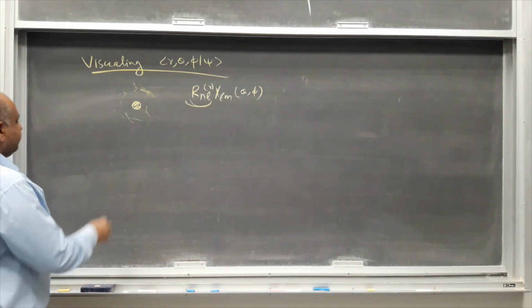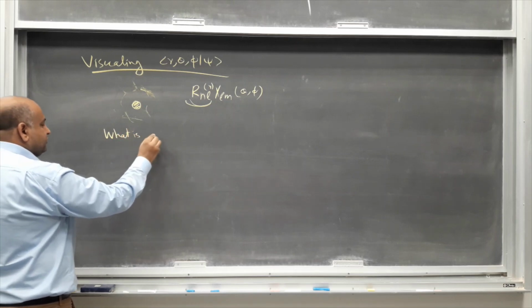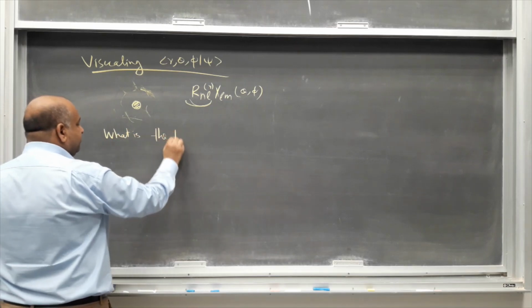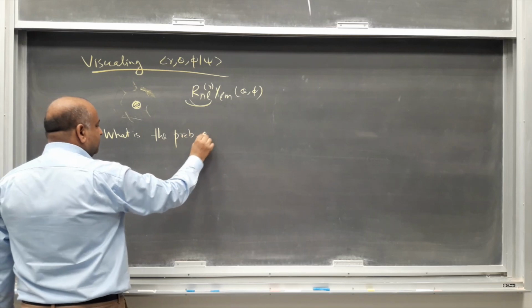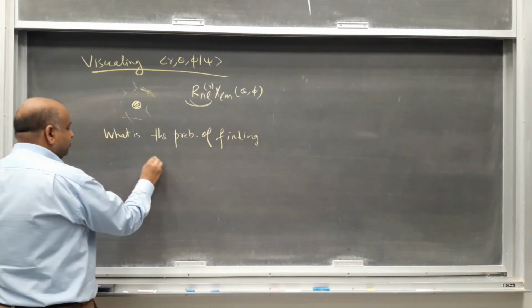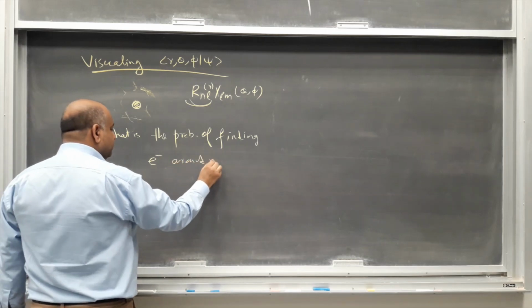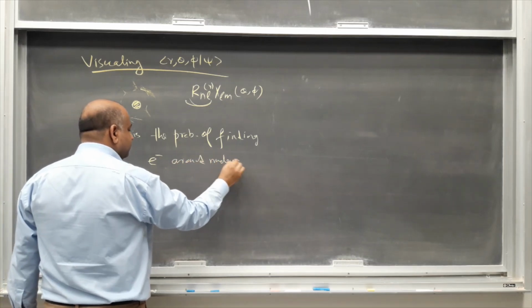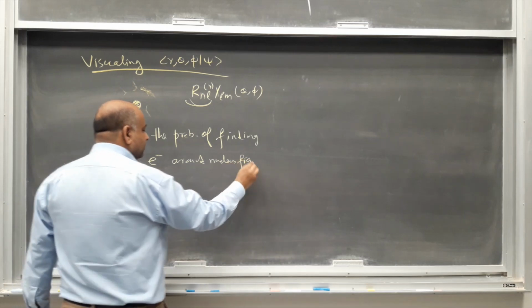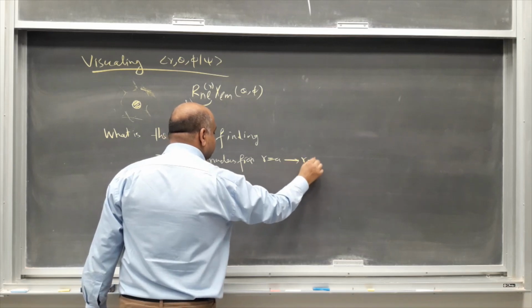To do that, suppose we want to answer this question: what is the probability of finding the electron around the nucleus from somewhere r equal to a to r equal to b?